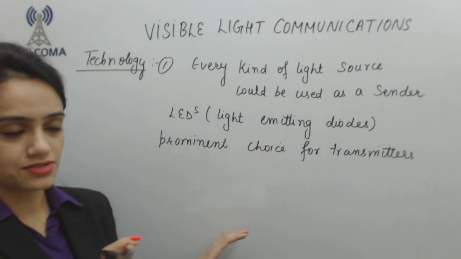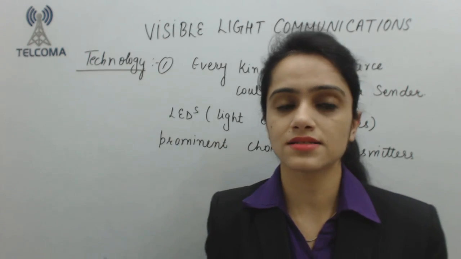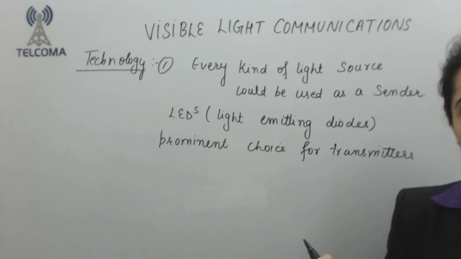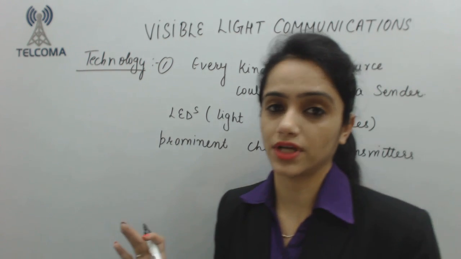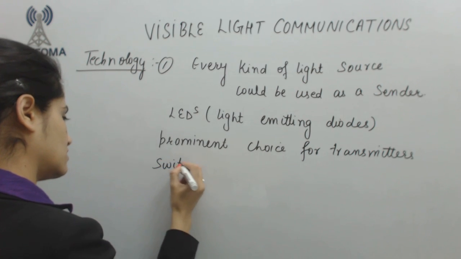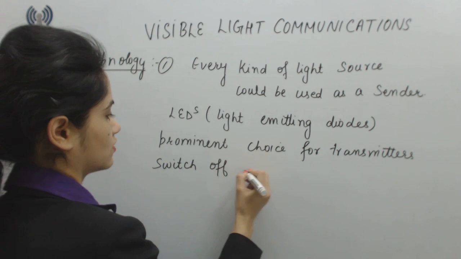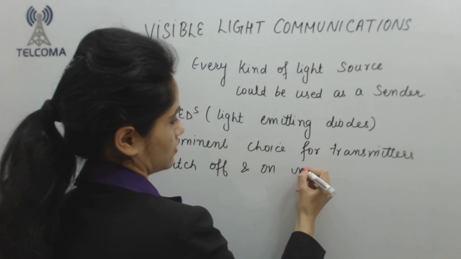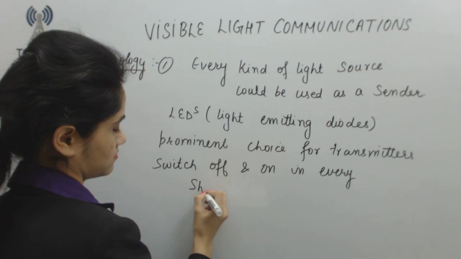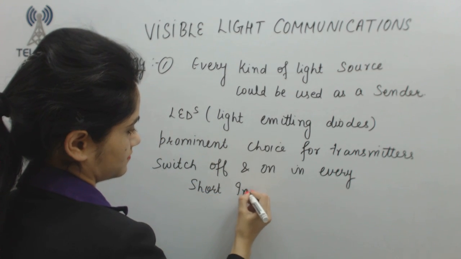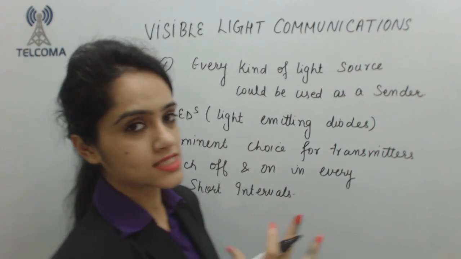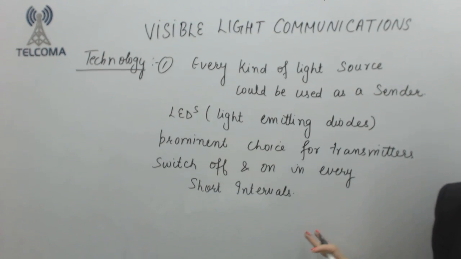So every kind of light source can be used as a sender, but LEDs are the prominent choice for transmitters. Now there is a switch off and on in every short interval.